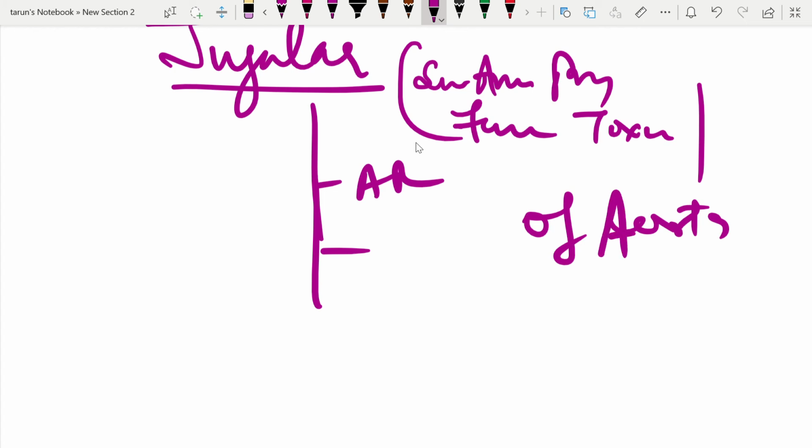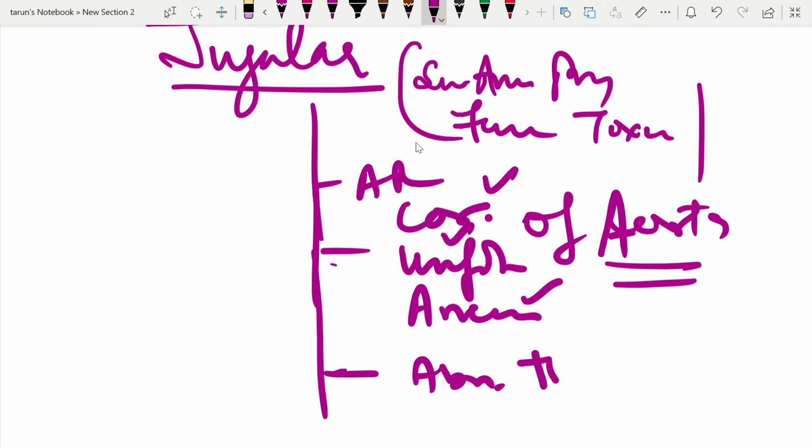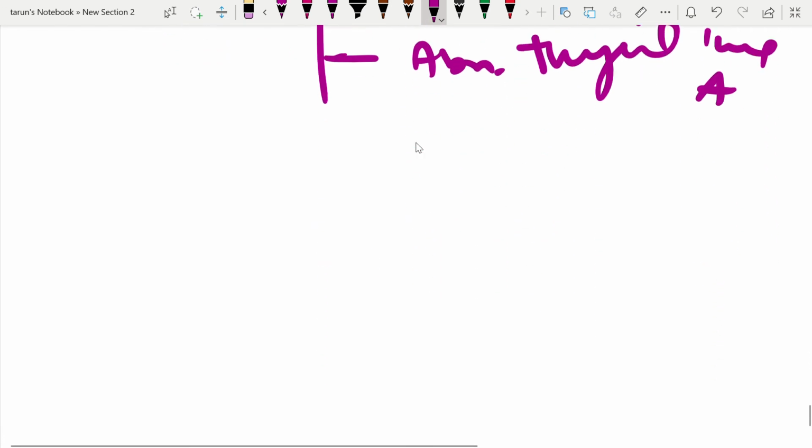If there is coarctation of the aorta, unfolding of the aorta, aneurysm of the aorta, high arch of aorta, then abnormal thyroid artery, in all these conditions you will get the jugular pulsations.